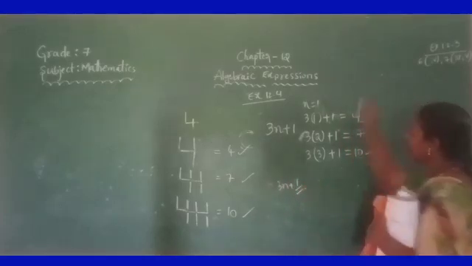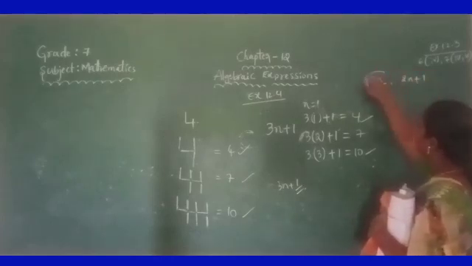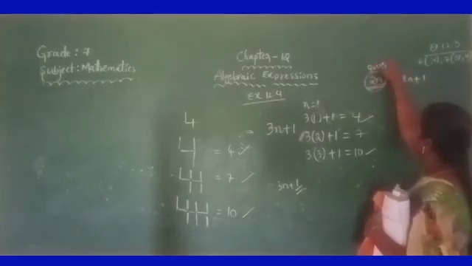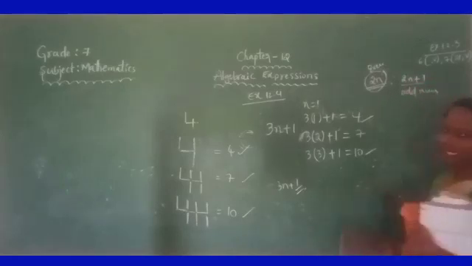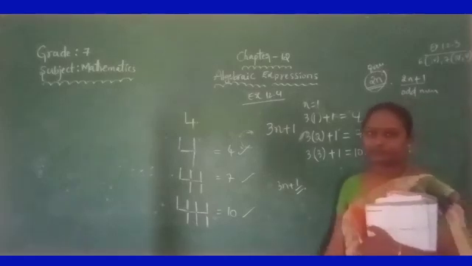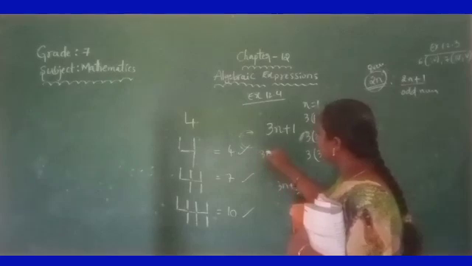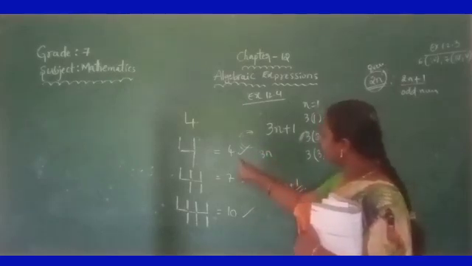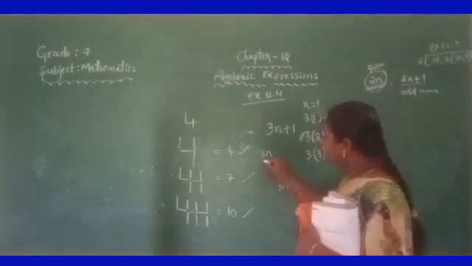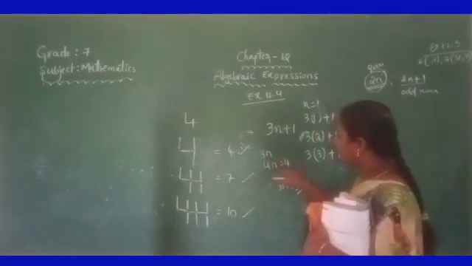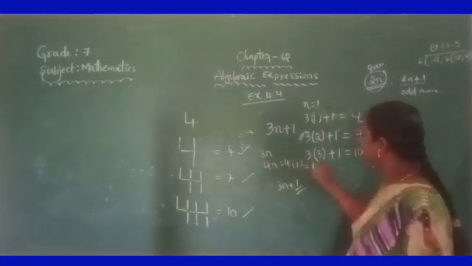So that means here the pattern is 3n plus 1. I already said, 2n, the successor is 2n plus 1. If you take 2n, you will get an even number. 2n plus 1, you will get an odd number. Okay? So observe here, if you take 3n, what will you get here? 3 only. If you take 4n, here 4 we have to form, that is 4 into 1, we will get 4.